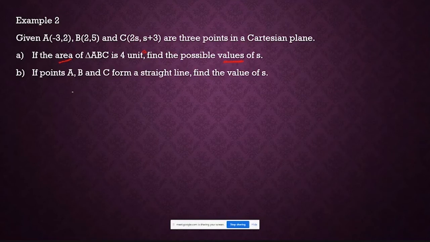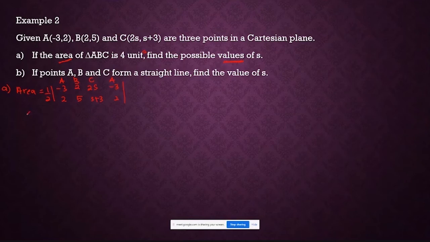If the area of triangle ABC is 4 units, the area equals 1 over 2. The first point is (-3, 2), then (2, 5), then (2s, s + 3), and again we repeat the first point, (-3, 2). This is point A, point B, point C, and we pick point A first.